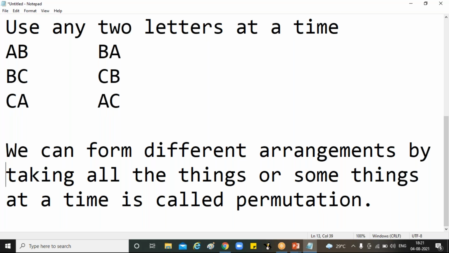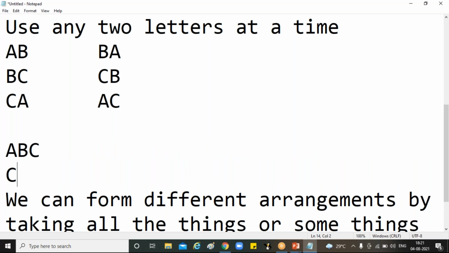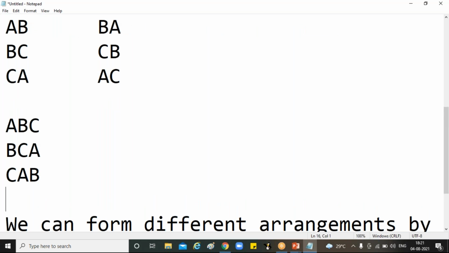If you want to use all three letters at a time, it is ABC, BCA, CAB. Understood, all of you?